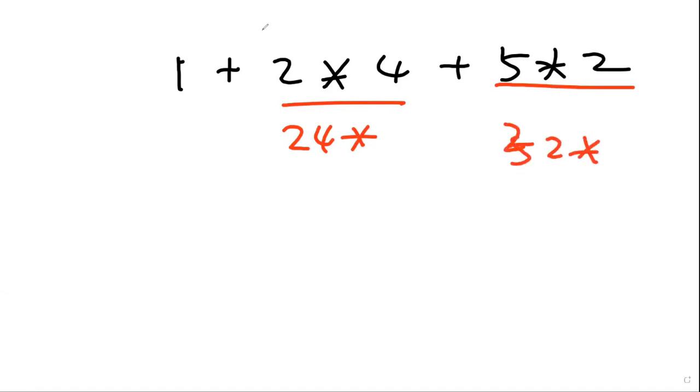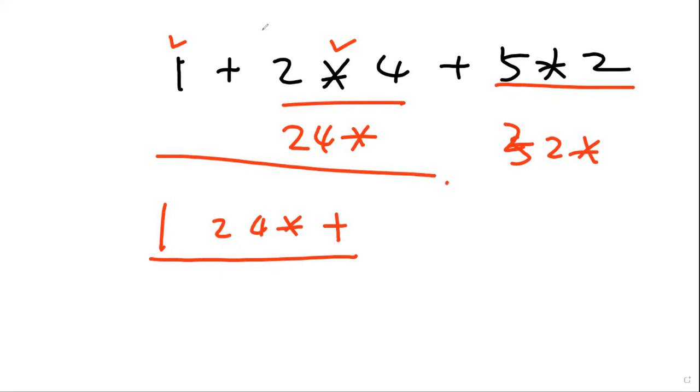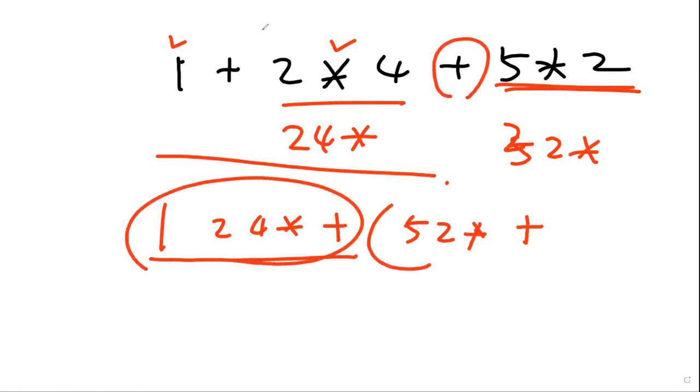As a postfix. And then this one and this one should be 1 2 4 times and then plus. That's up to here. And this one should be 5 2 times and then plus. This plus is between this operand and this operand. So eventually we translate to this one. This one is the postfix.